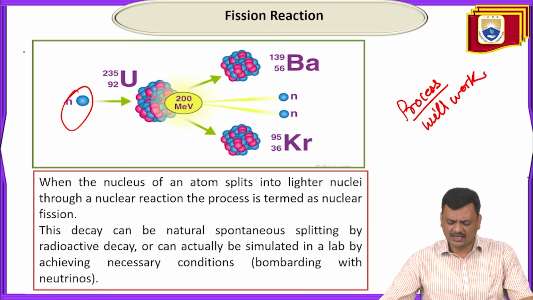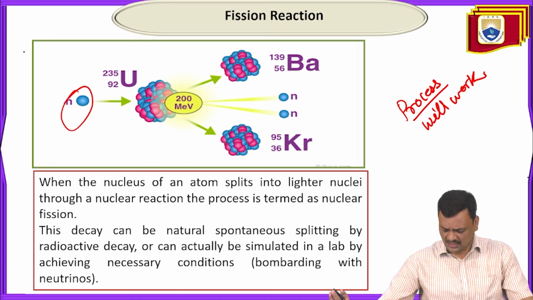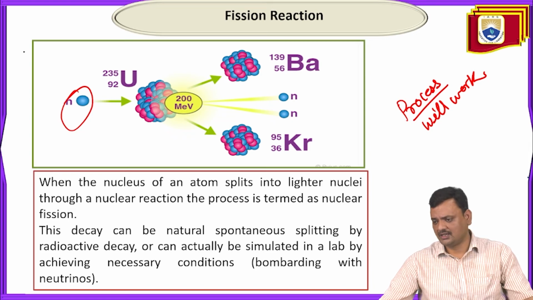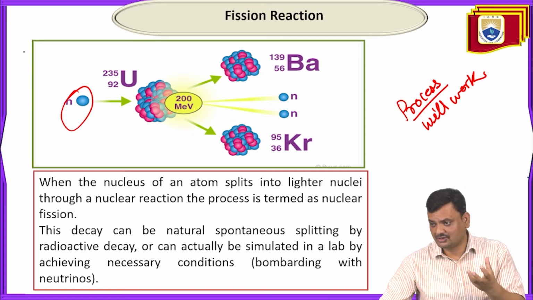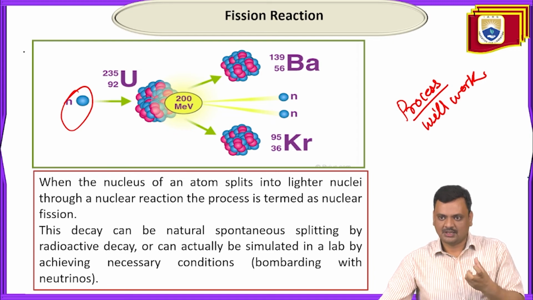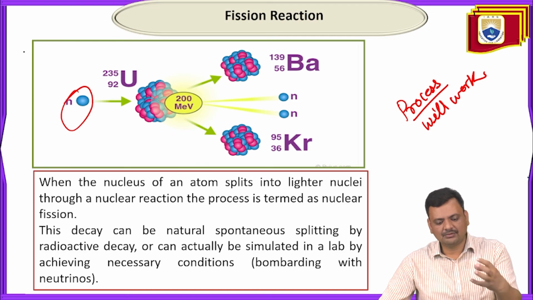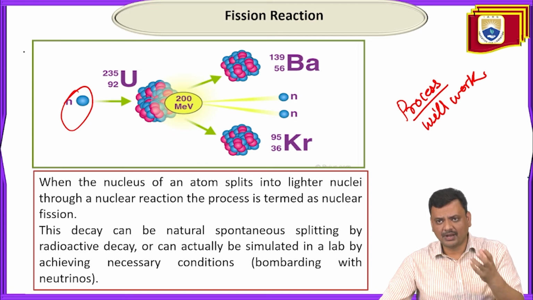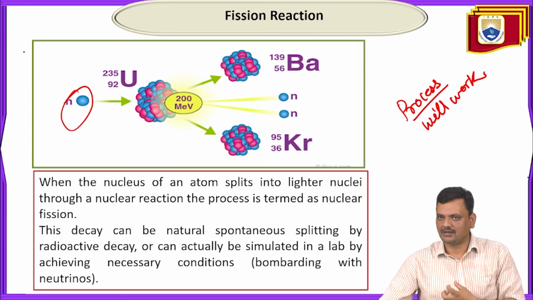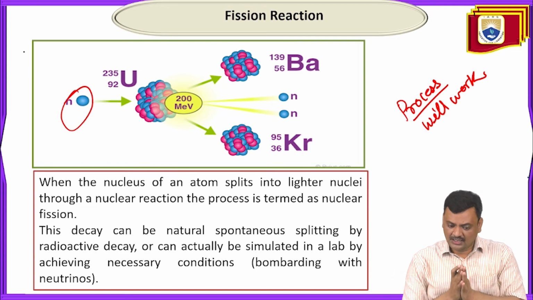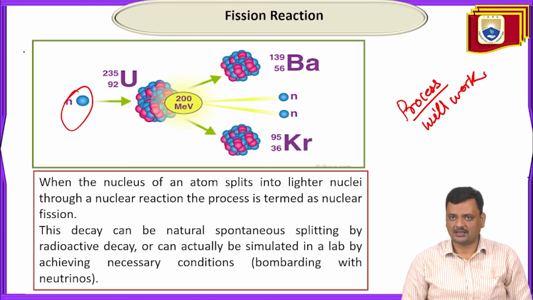There are several reactions. You can ask the question here: earlier you told that if a nucleus breaks, it breaks into its constituent particles, neutrons and protons. But here, when the uranium atom breaks, it breaks into barium and krypton atoms. But this is the final product.